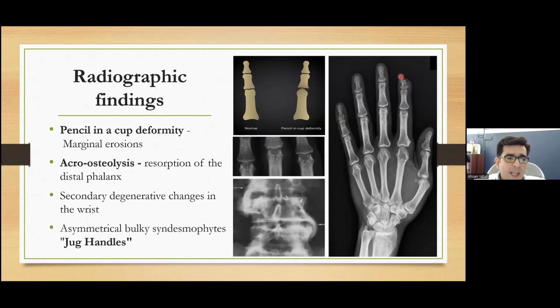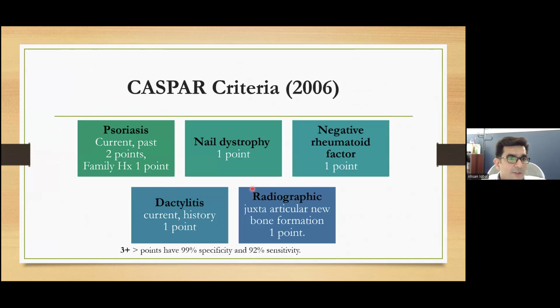Another one is asymmetrical bulky syndesmophytes, which oftentimes is seen on the X-ray of the lumbar or thoracic spine, and we see big, chunky osteophytes in between the two vertebrae. Now, the difference is that ankylosing spondylitis will have thin, fine osteophytes, whereas psoriatic arthritis will have big, chunky osteophytes.